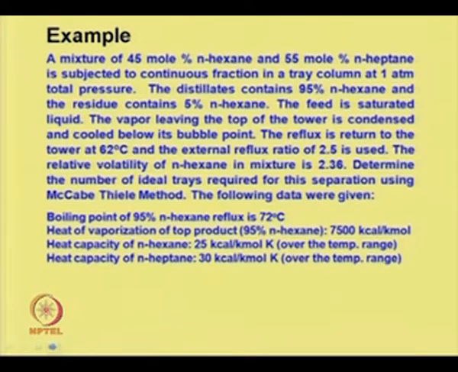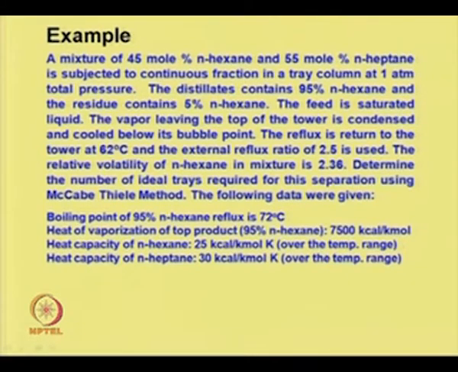for a given separation. A mixture of 45 mole percent n-hexane and 55 mole percent n-heptane is subjected to continuous fractionation in a tray column at 1 atmosphere total pressure. The distillate contains 95% n-hexane and the residue contains 5% n-hexane. The feed is saturated liquid.